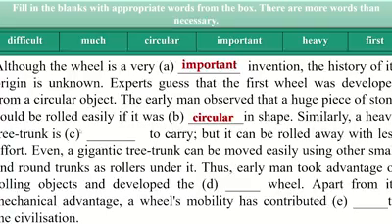Similarly, a heavy tree trunk is difficult to carry, but it can be rolled away with less effort. Even a gigantic tree trunk can be moved easily using other small and round trunks as rollers under it. So, early men took advantage of rolling objects and developed the first wheel.